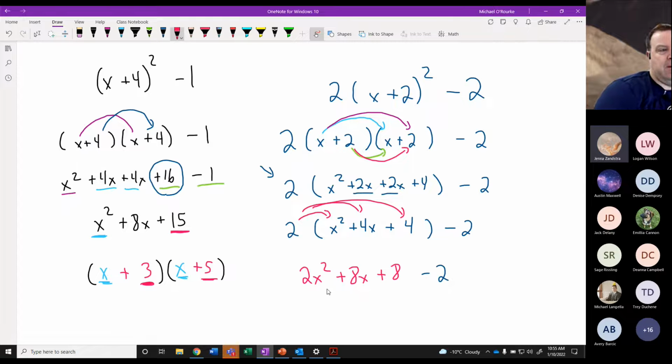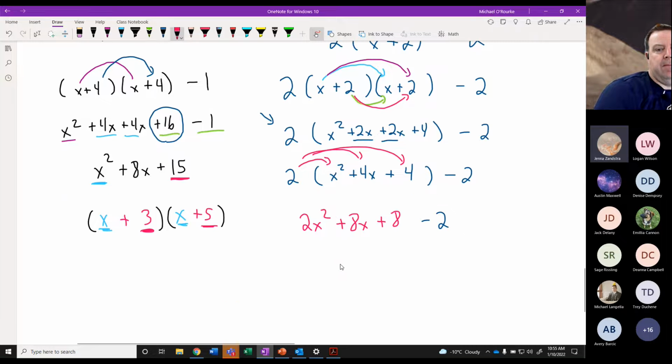Correct? Then let's combine these two terms, which will give us 2x squared plus 8x plus 6. Then I want you to factor that.